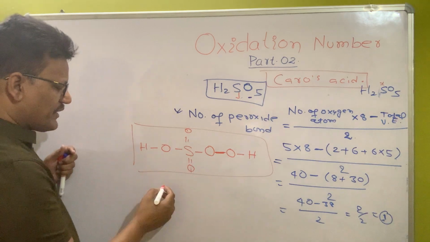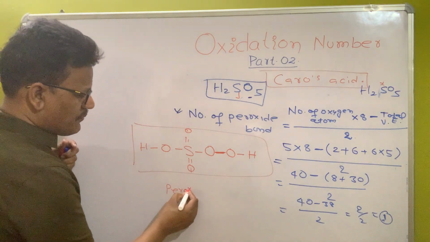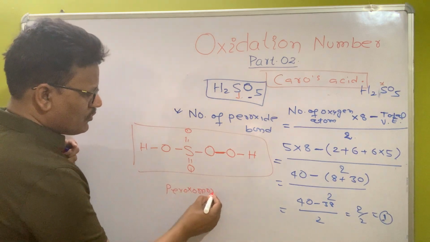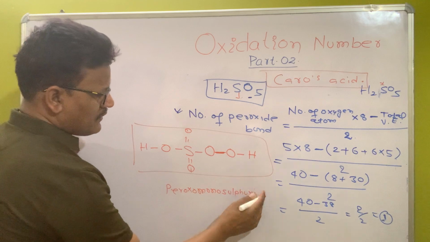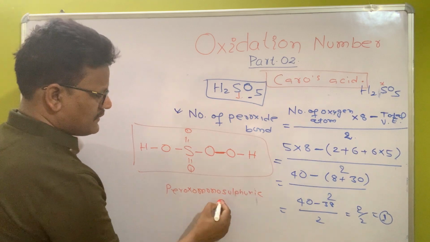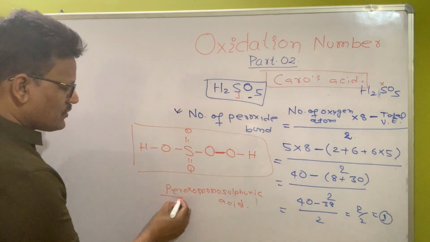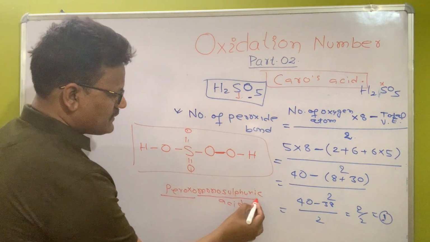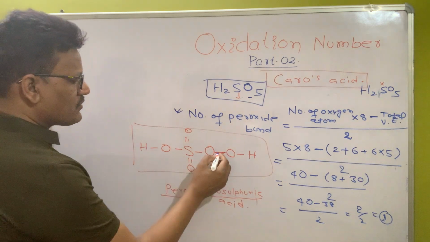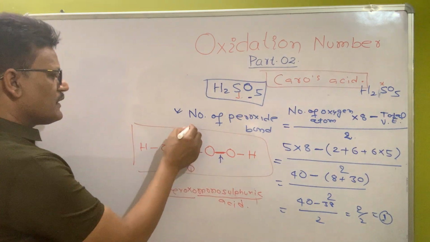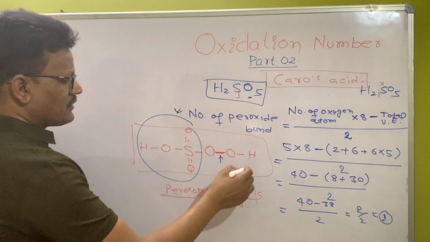So it is also known as peroxy or peroxo monosulfuric acid. Caro's acid is also known as peroxo monosulfuric acid. We have 1 peroxide bond, and one sulfuric acid, H2SO4.